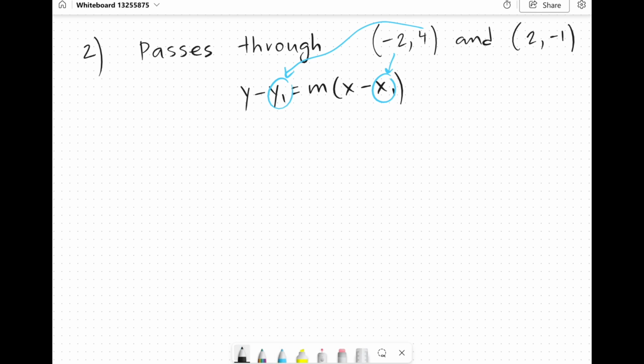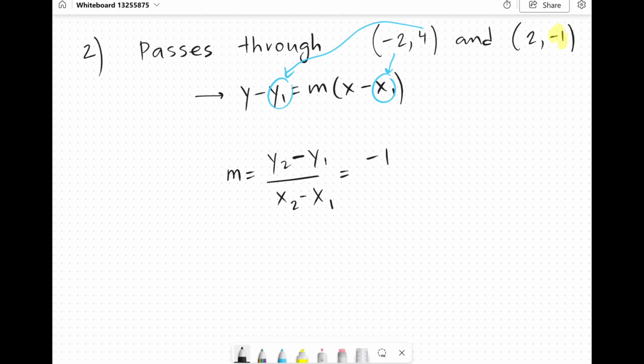Now we can find the slope m using our slope formula, so I will do that first, and after I'm done finding the slope, I will plug the numbers back into the point slope form. So here we go. y2 is the y of the second point, and that is -1.